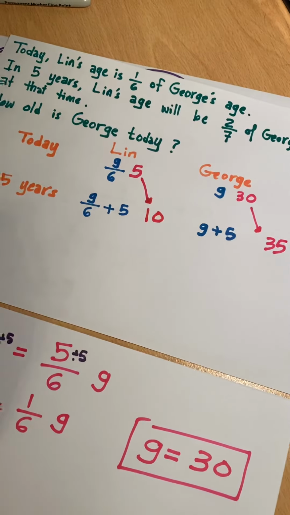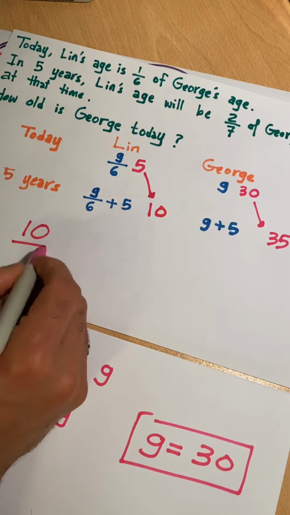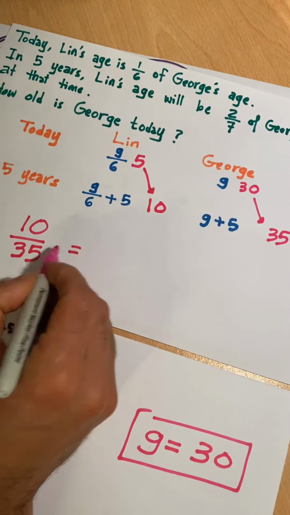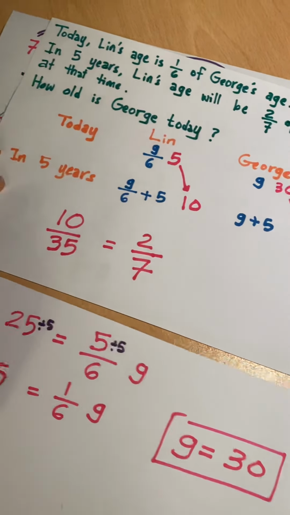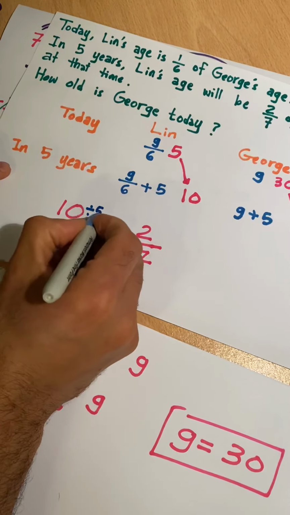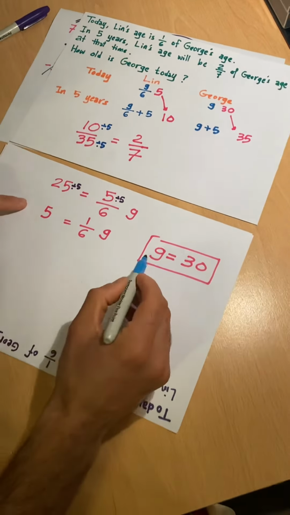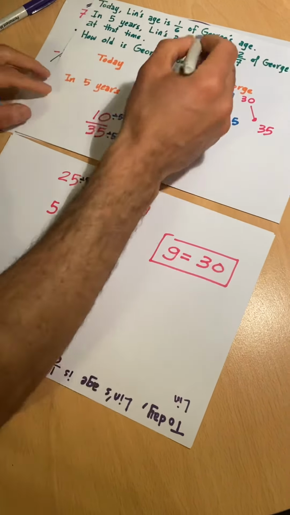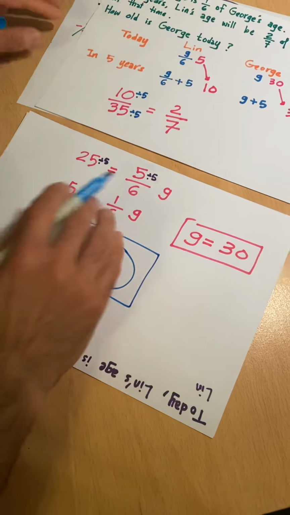And if you think about it, Lynn's age over George's age, 10 over 35, is really equal to 2 over 7 when you simplify it, because we divide both numbers by 5. So the answer is George's age today, which is 30. The answer is 30. And that is the question that we have here.